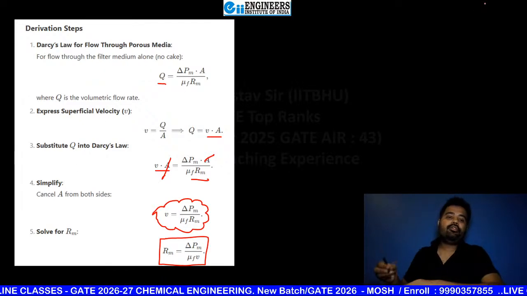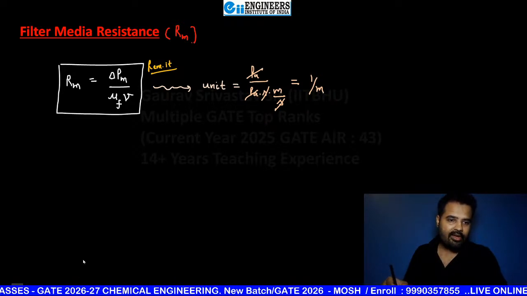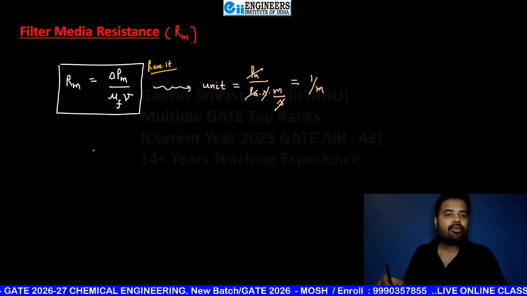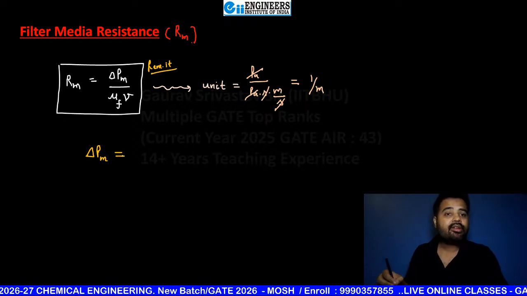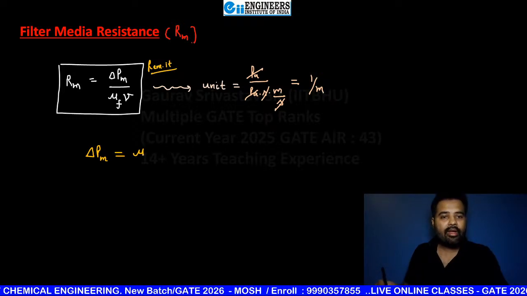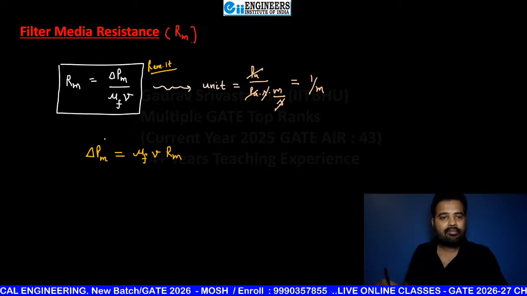Now if we want the value of delta Pm from the above equation, it can be written simply as mu f v into Rm.